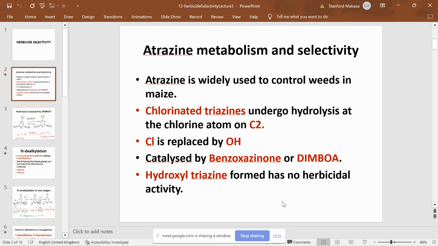But some people think that cytochrome P450 may also be involved. So the result is the addition of an OH group to the atrazine molecule. It becomes hydroxyl triazine, which has no herbicidal activity. Probably this is how atrazine can be detoxified in maize plants.